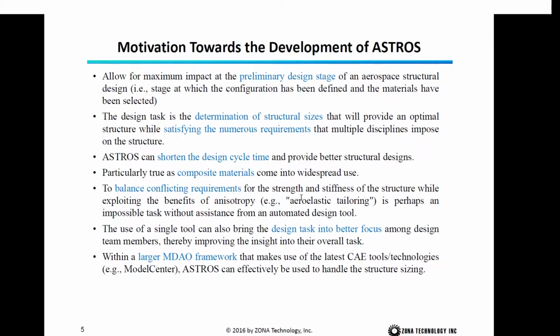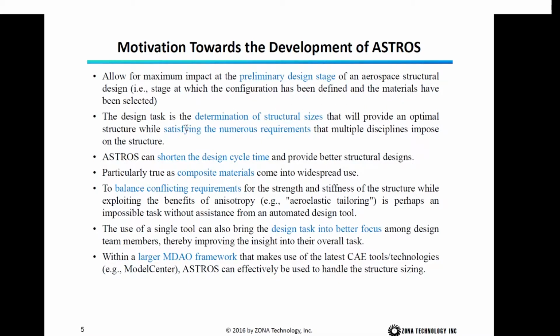And why do we want to develop ASTROS? Because ASTROS allows for maximum impact at the preliminary design stage of aerospace structure design, the stage at which the configuration has been defined and the materials have been selected.